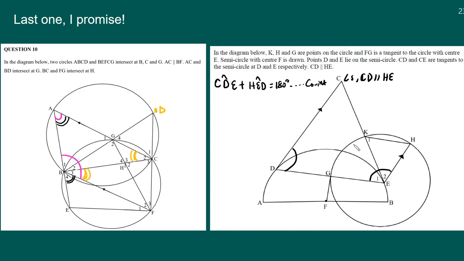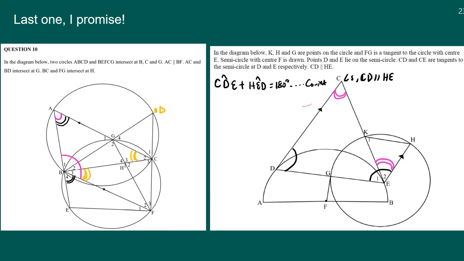DCE is equal to HEC. Nice. This was a crucial pair. What type of angles are those? Alternating angles.